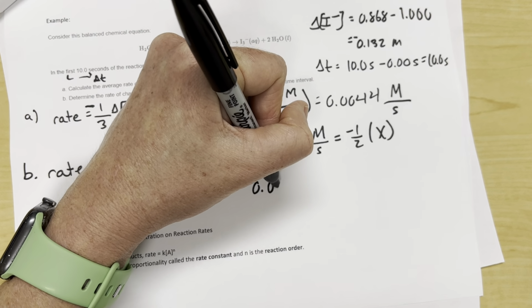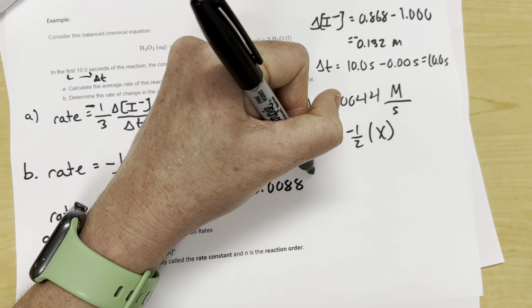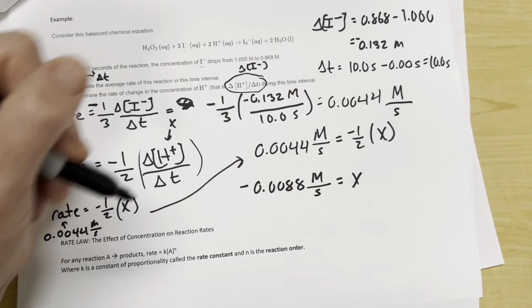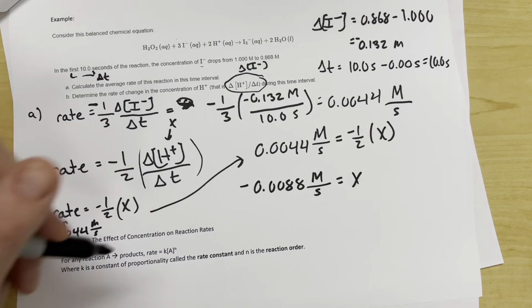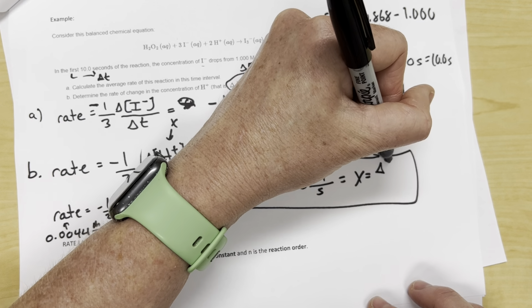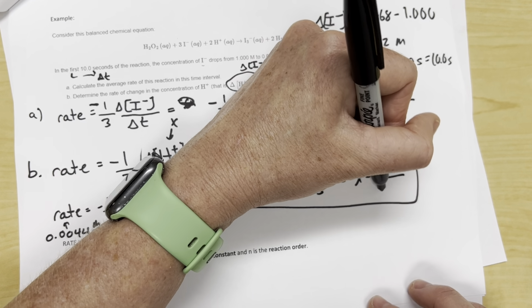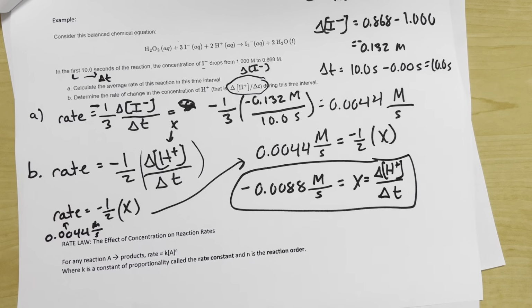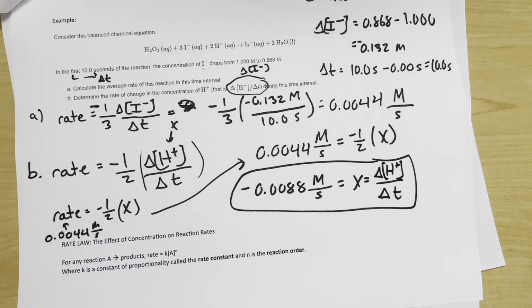So I get 0.0088 mole per liter per second equals x, specifically -0.0088. And if you remember, x was that change in H plus over change in time. That would be your answer. Alrighty.